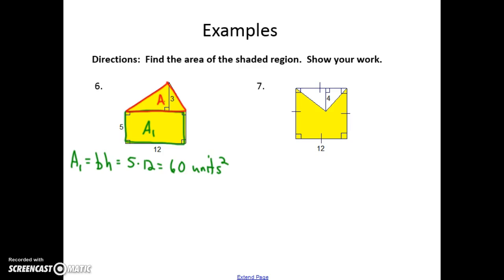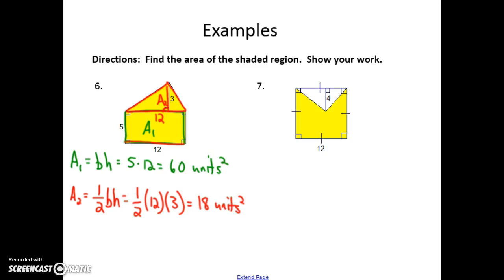And we'll call the triangle A2. Well, A2 is equal to 1/2 base times height. We have to find the base, but if this is 12, then this is also 12. And then the perpendicular side is 3. So I know I can do 1/2 times 12 times 3 to get 18 units squared.